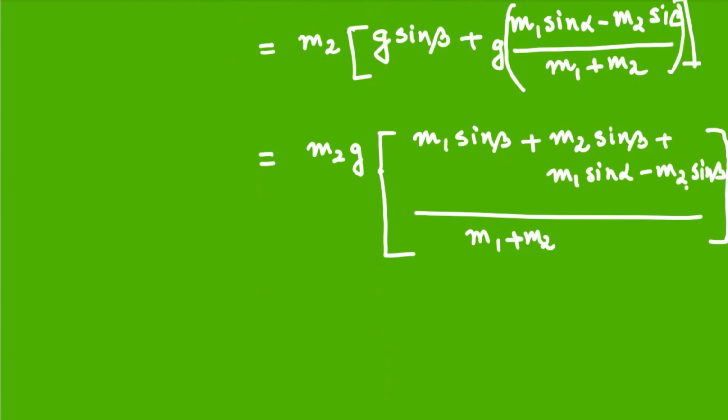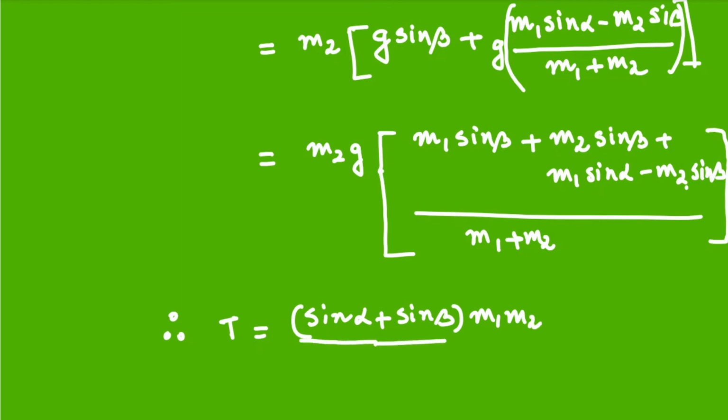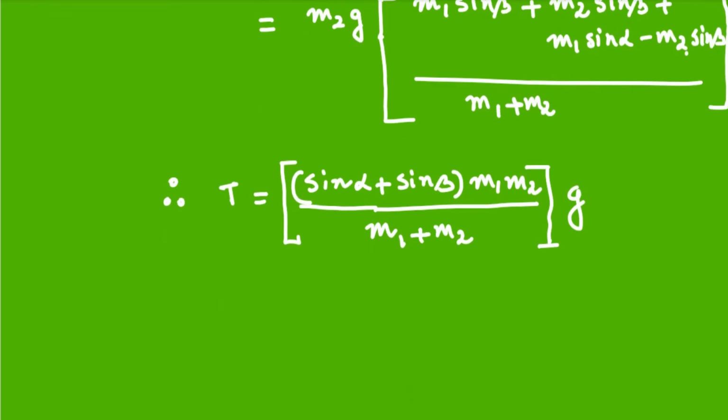Equal, therefore T equal sin alpha plus sin beta, bracket closed, into m1 m2 whole divided by m1 plus m2 into G, bracket closed, m1 plus m2 bracket closed, into G. That is the tension acting in the string.